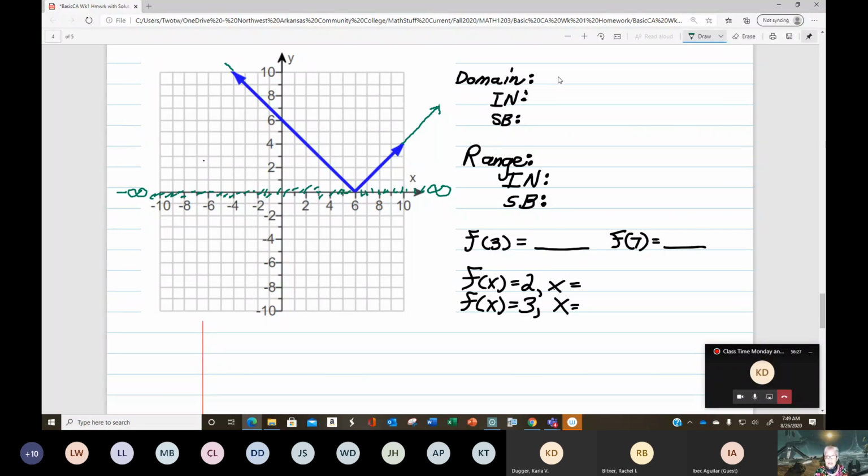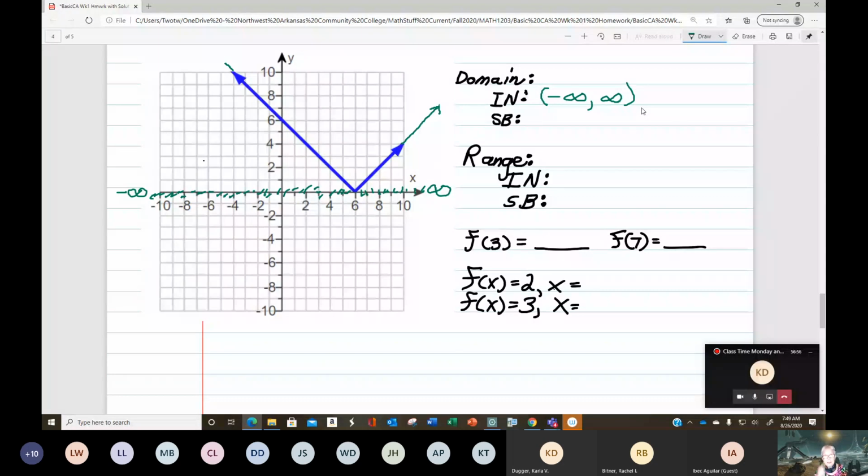So the domain in interval notation is negative infinity, comma, infinity, with parentheses, because there is no such number as infinity or negative infinity. You can't put a bracket around it because nobody knows where it is, except maybe Doctor Who.